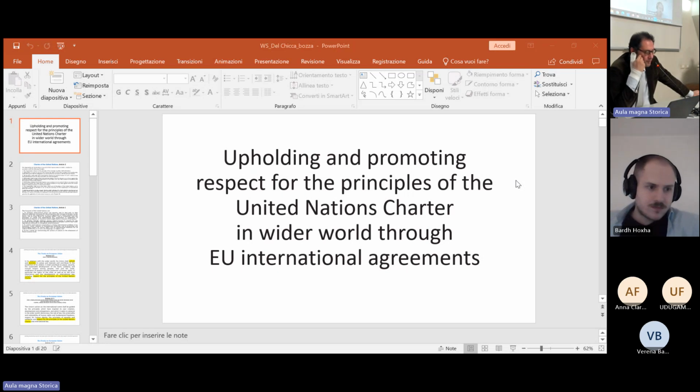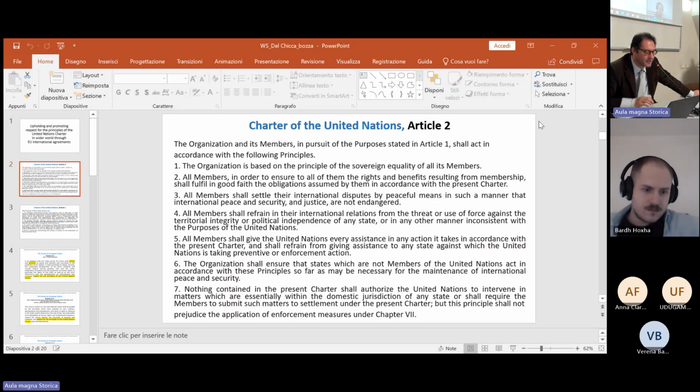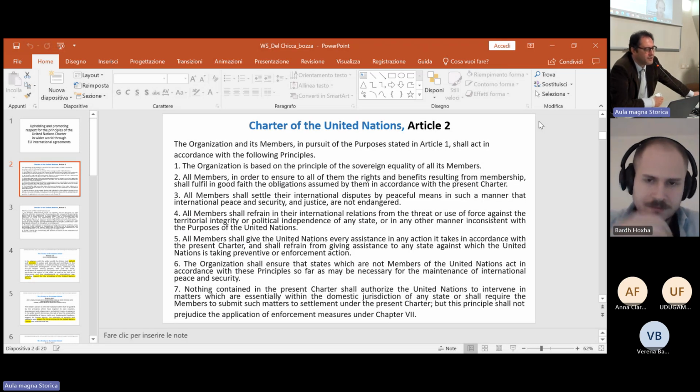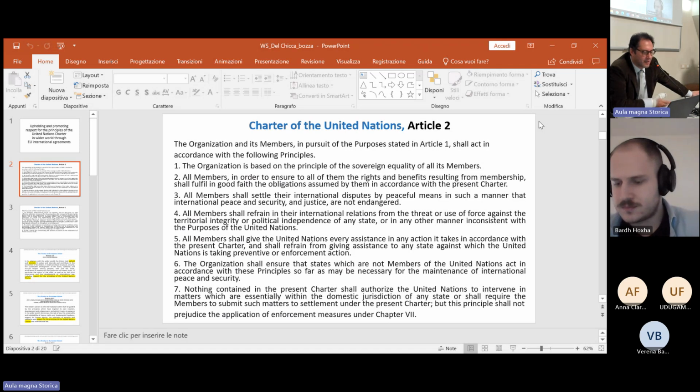So, what are the principles of this United Nations Charter? Principles are provided by Article 2. The organization and its members, in pursuit of the purposes stated in Article 1, shall act in accordance with the following principles. There are a lot of principles. Most of them are consolidated in modern international law. Other ones are not so strong even today in the application of international law.